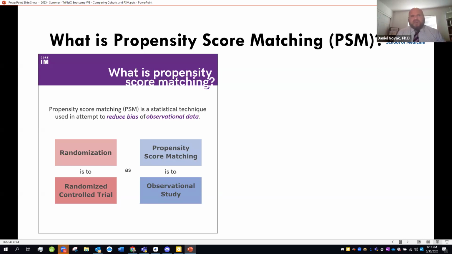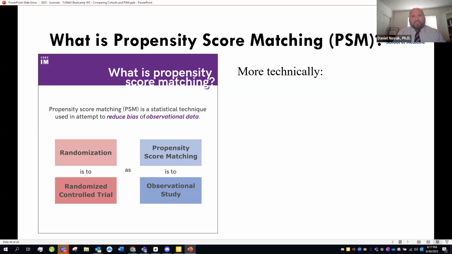Even though our data sets are much larger than randomized control trials could ever be, we really can't use random assignment this way. Propensity score matching kind of fills that gap, though. It's not as perfect. Nothing can be as perfect as randomization. And when they run statistical trials, it's not as clear as randomization can be, but it helps us to do it.